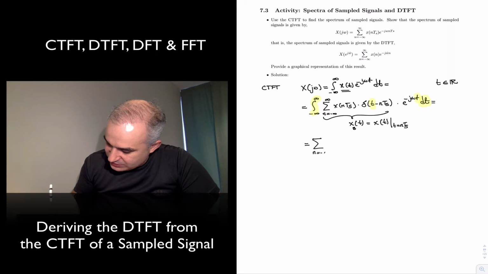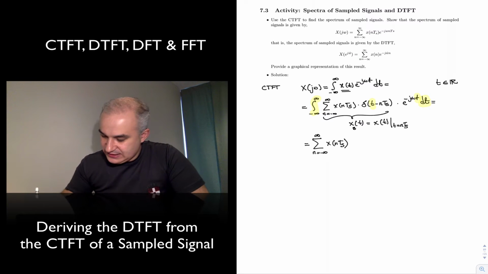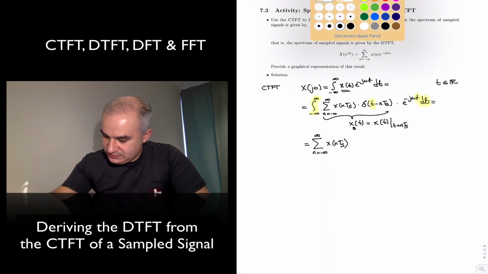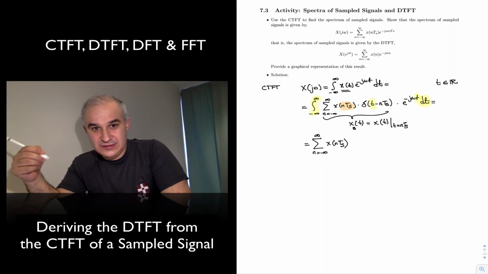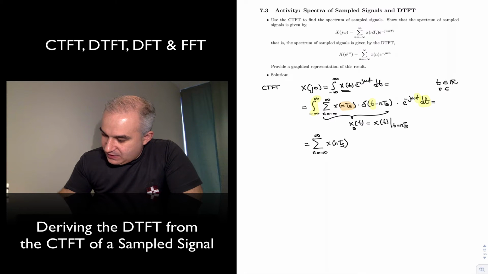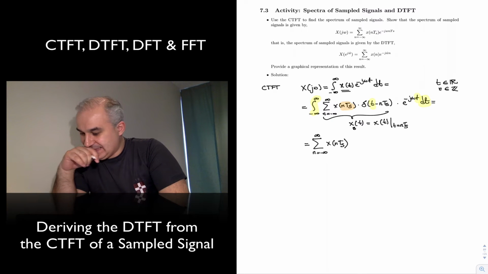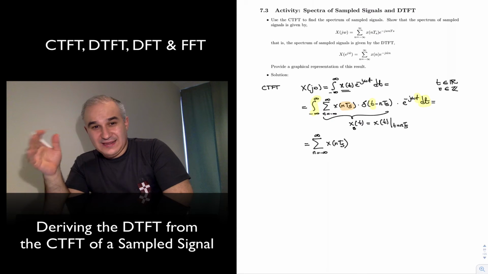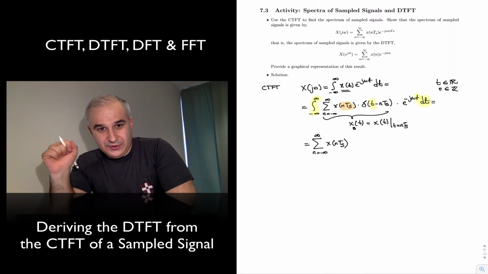And so this is equal to the summation from n equals minus infinity to infinity of x of nTs. Notice that nTs is not a function of t. It is a function of n. Notice that n indicates the order of the sample, it's an integer, and Ts is the sampling period.